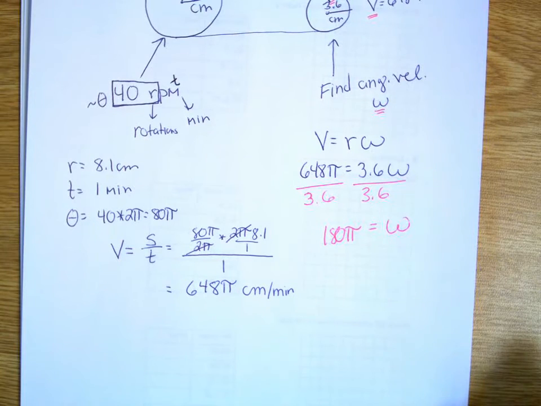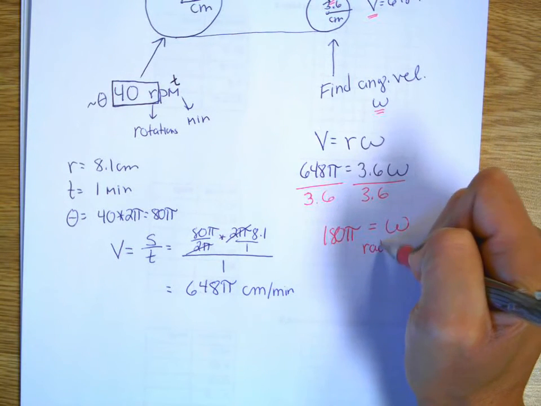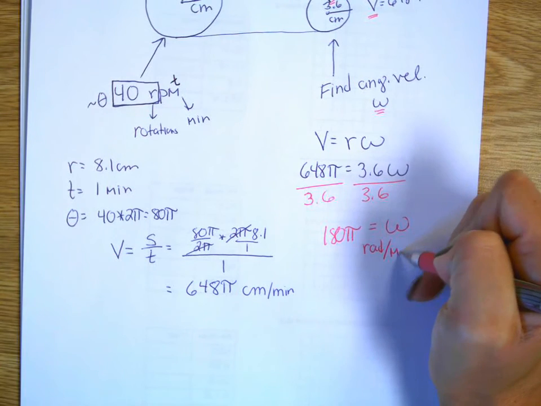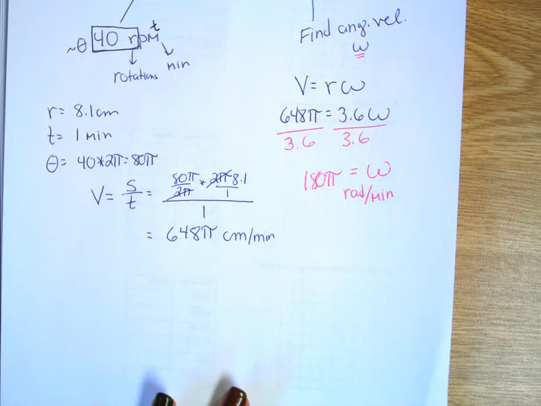And a label. So this is angular velocity. Radians per minute. Okay.